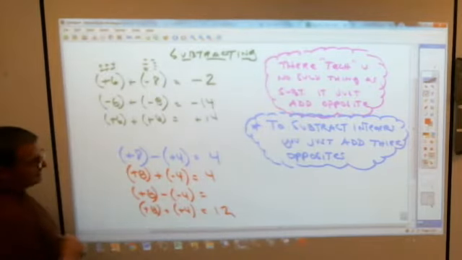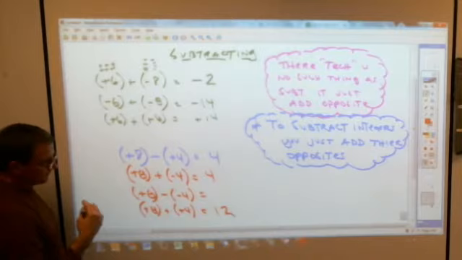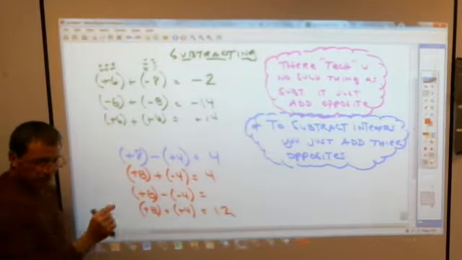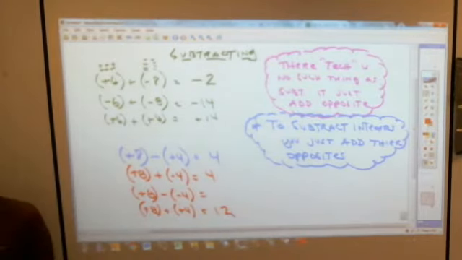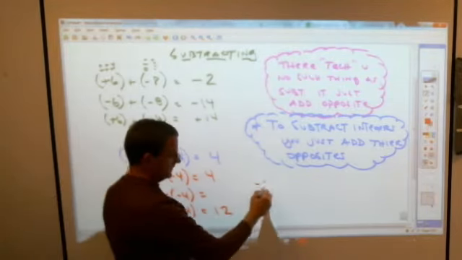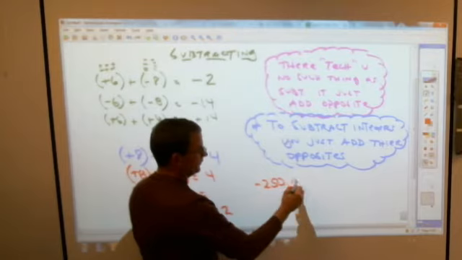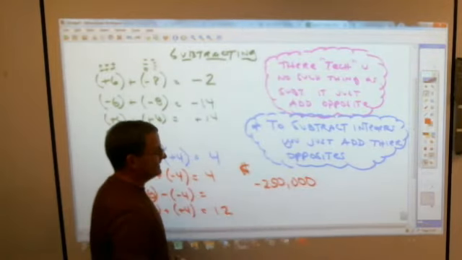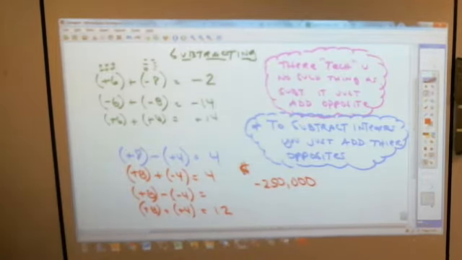Which you might say, how can that be? What you must understand is what you're really doing when you take away a negative. Your parents go to the bank and borrow $250,000 for their house. That means they are negative $250,000. They are in debt $250,000.